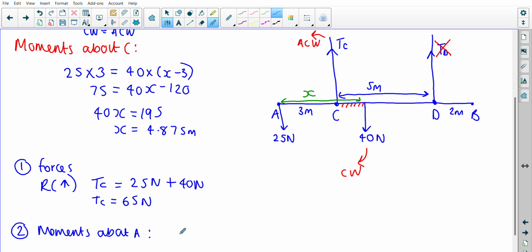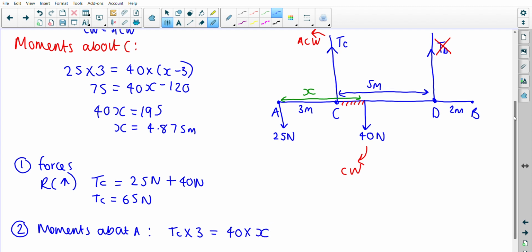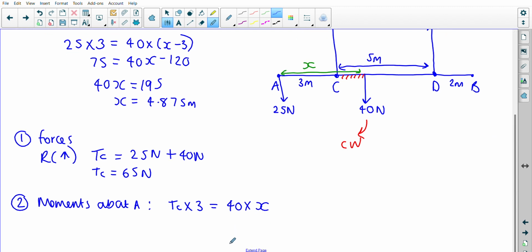So I'll do the anti-clockwise first. Tension times 3 is equal to x this time, so x times by 40, or 40 times by x. Now this should give us the same value as x before.